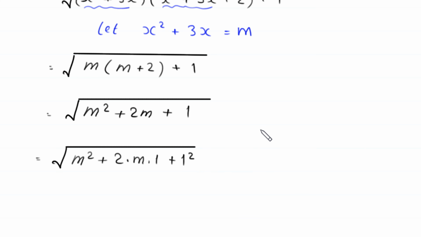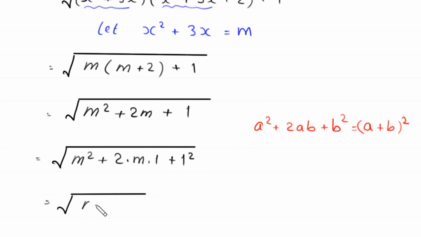Now by using this algebraic identity, a squared plus 2ab plus b squared is equal to a plus b whole squared, this expression will become square root of m plus 1 whole squared. This square will be cancelled out with this square root, so here we are left with m plus 1.